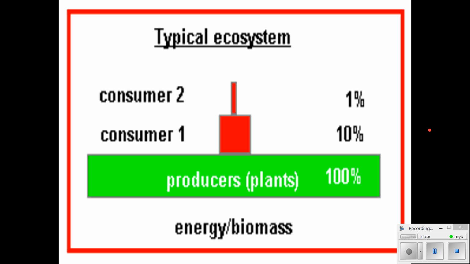What this means is that as you go up the food chain, the reason why you see fewer top predators than you do plants, and why you don't look up into the sky and see a sky full of hawks ready to pounce on you, is because there's just not enough energy to create that many hawks.